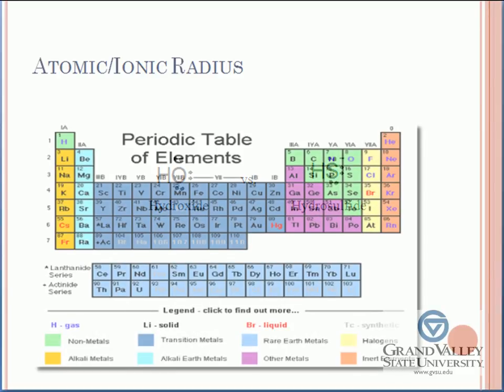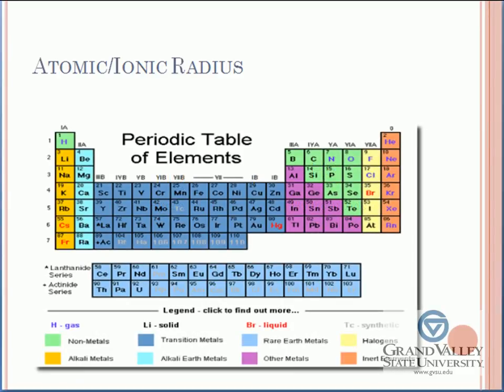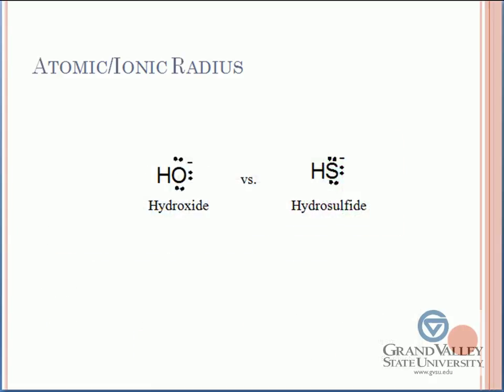The periodic trends tell us the atomic radius for sulfur is larger than the atomic radius for oxygen. Therefore, in sulfur, the valence electrons are more spread out. This results in the electrons being less available to be donated to form a bond to a proton. This makes hydroxide the stronger base.